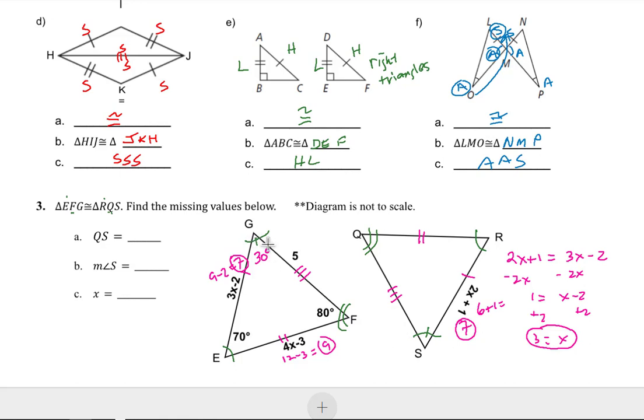So QS matches with 5. So 5 is the length of QS. The measure of angle S is going to be 30 degrees. That came from triangle sums in the left-hand GEF triangle. And x is 3, we found.